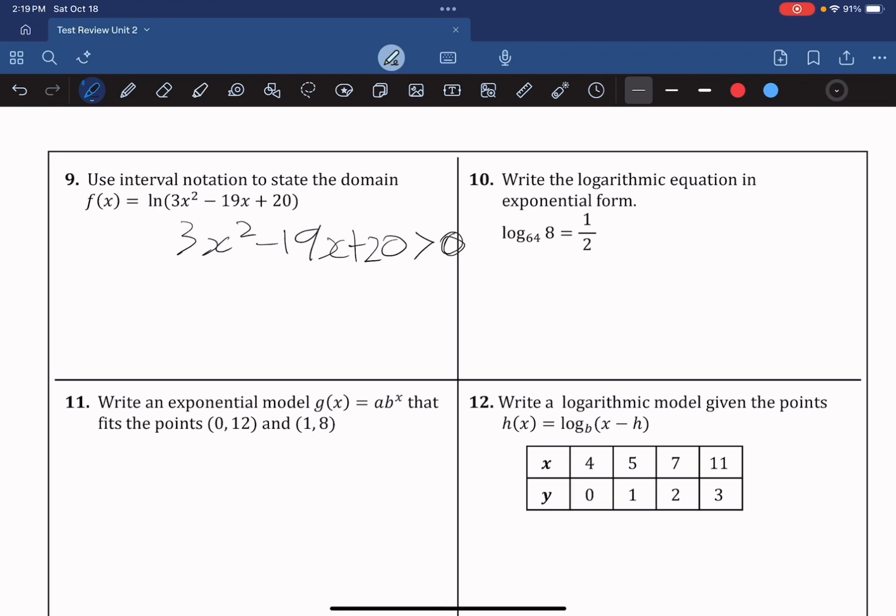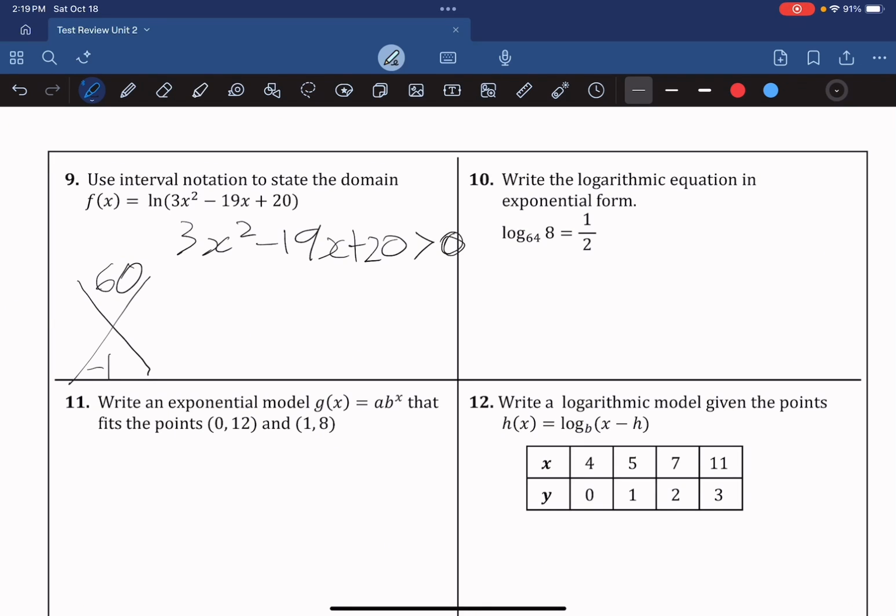So it has to be bigger than that. It has to be to the right. And so what you want to do here is just solve it like a factor, right? So we'll use the big X method. 3 times 20 is 60.